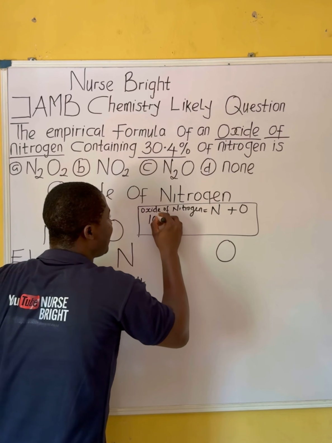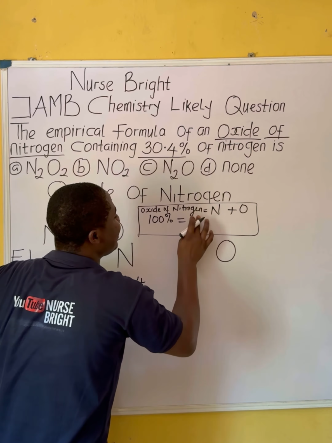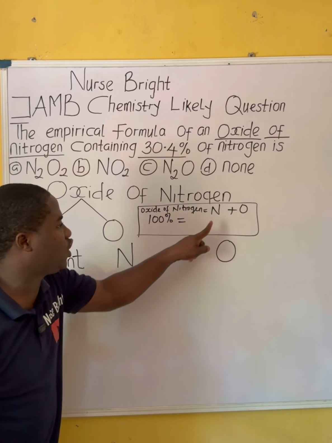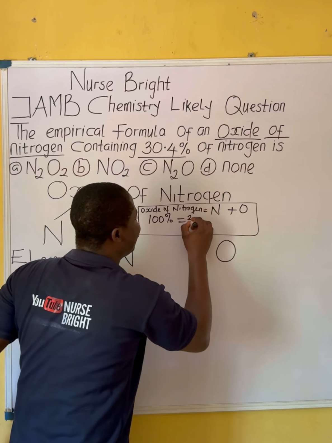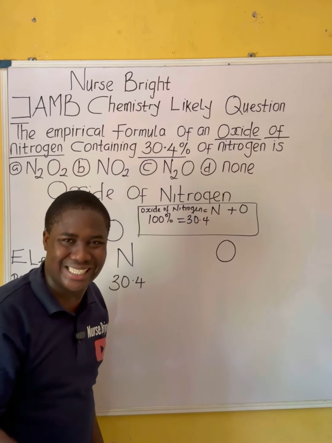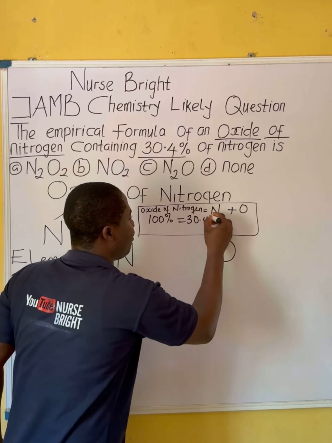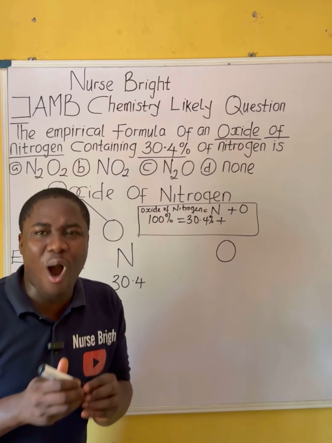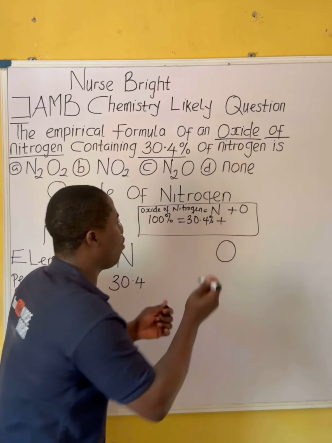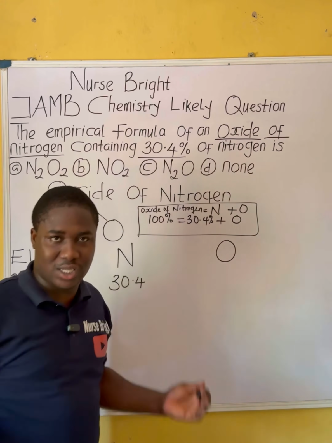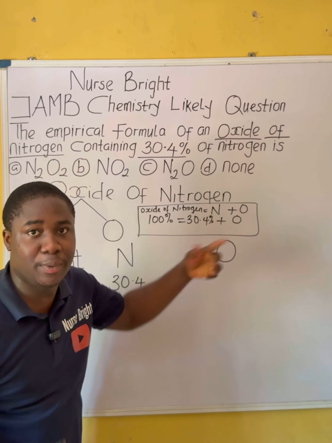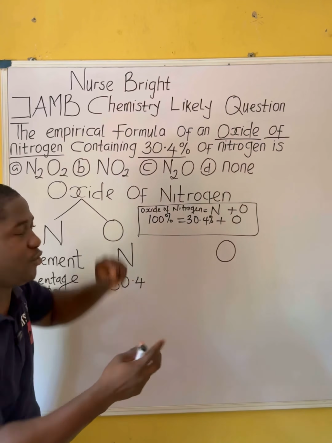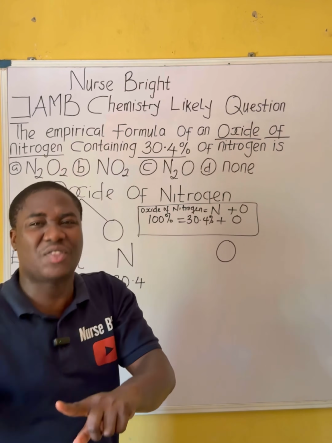So you simply say here 100% is equal to the percentage composition of nitrogen as given to us in the question, which is 30.4%. I believe you are following me. So plus oxygen's percentage composition, which is not known, we'll just call it oxygen or X. So how do we now get the percentage composition of oxygen? Because in some questions, they will not give you the percentage composition of the other element.